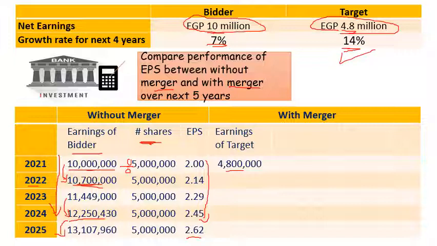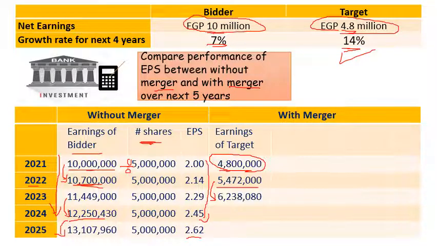So this amount will grow at 14% to be 5.4 million Egyptian pounds at the end of year 2022. This amount will grow at 14% to be 6.2 million Egyptian pounds at the end of year 2023.